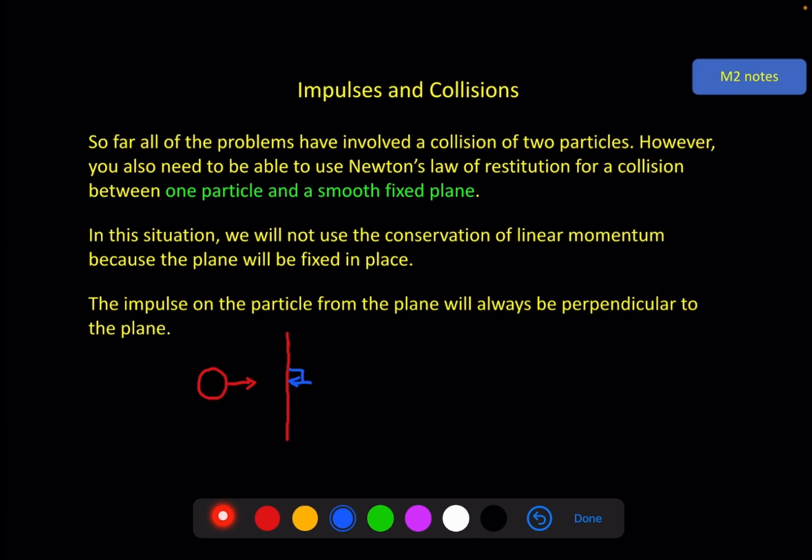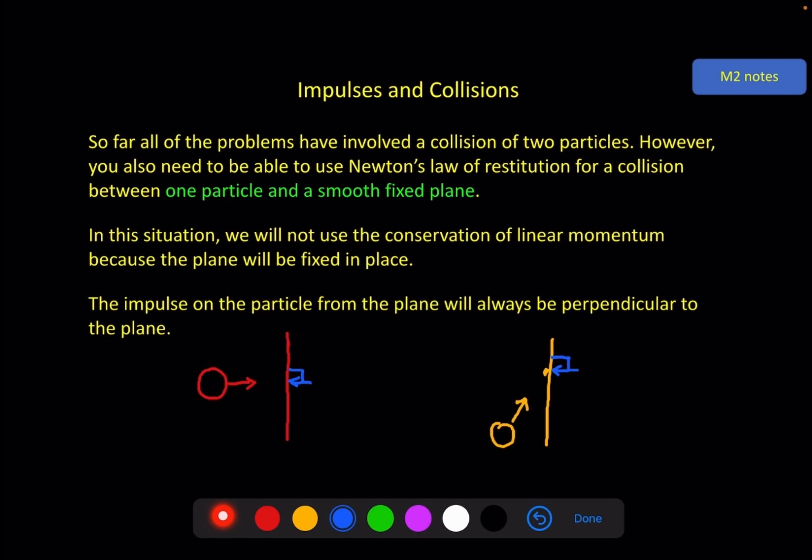What might not be quite so obvious is if we have a similar situation, but the particle is not moving directly towards the wall in the normal direction, but is coming in obliquely at an angle. In this situation, as the particle hits the wall over here somewhere, the impulse on the particle from the wall will still act at right angles to the wall.